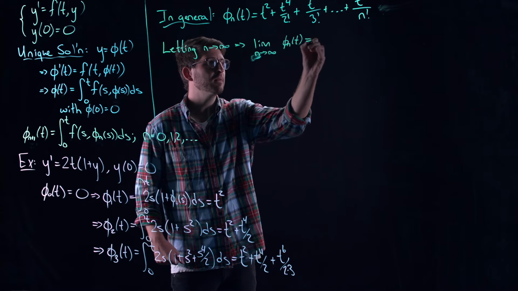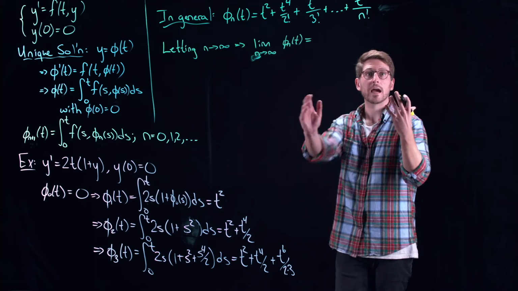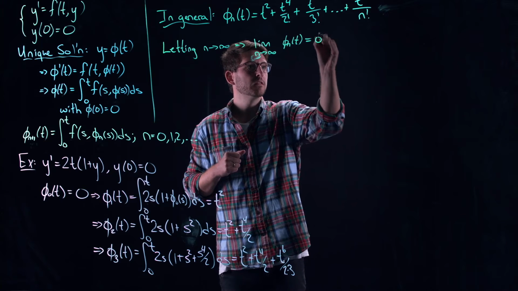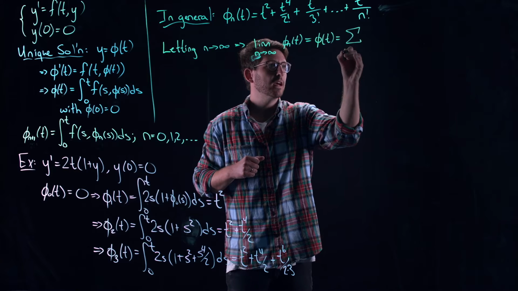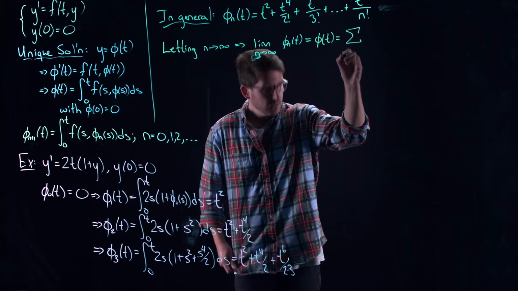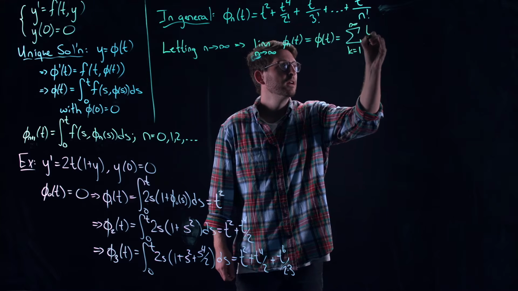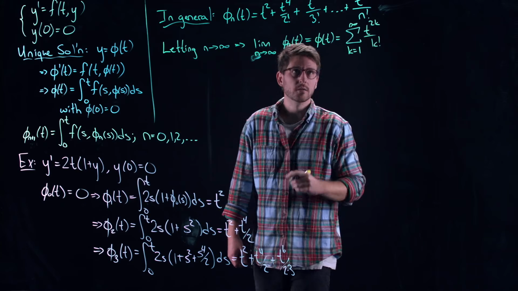I'm leaving a lot of mathematical details in the background here. What I'm showing you is how this actually works in practice. Well, I'm going to call this phi of t. This is the solution, and this is given as an infinite series. This is the sum from k equal to 1 to infinity of t to the 2k over k factorial.